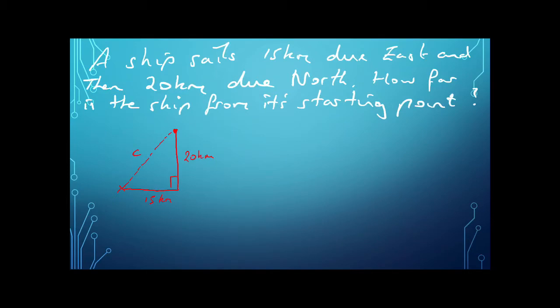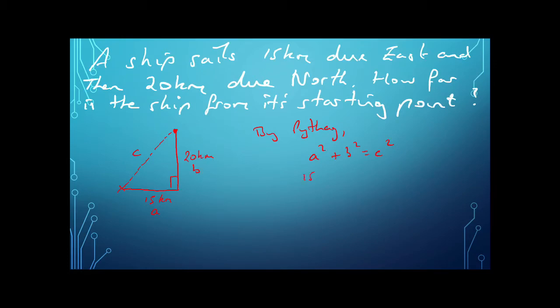Now I always like to write "by Pythag", and then I always like to write the formula: a squared plus b squared is equal to c squared. In this case, let this one be a and this one be b.